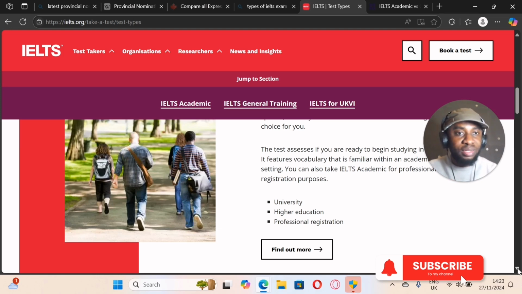What they do is let you prove whether you've had your previous studies done in English and that the medium of instruction was in the English language. If you are able to produce evidence to that fact, then it's likely you are not going to write this test. You are likely to receive admission to higher education, and for that matter, the universities.